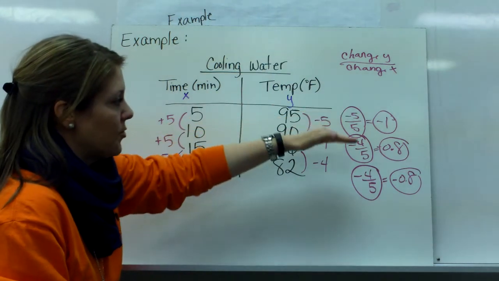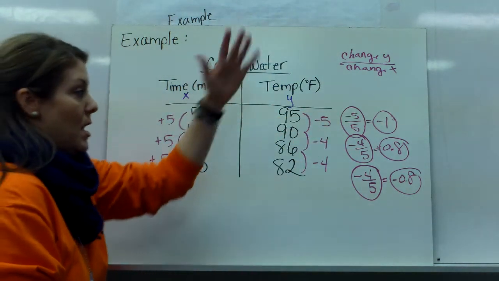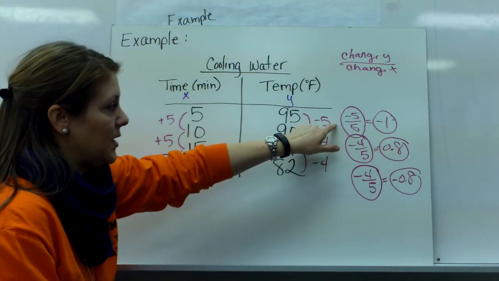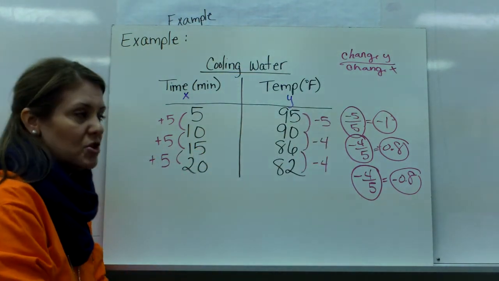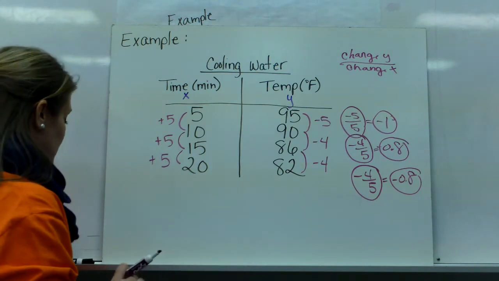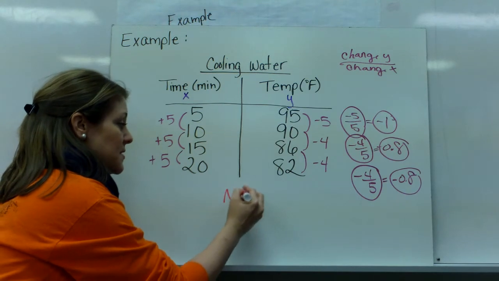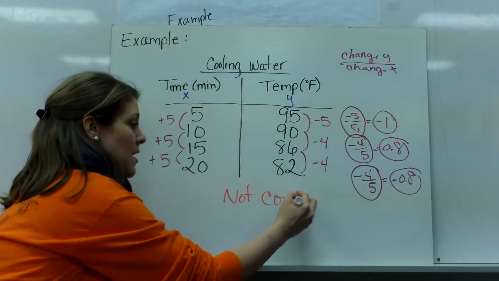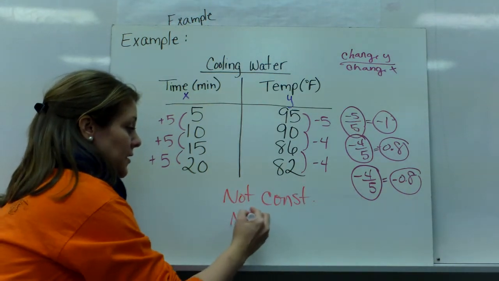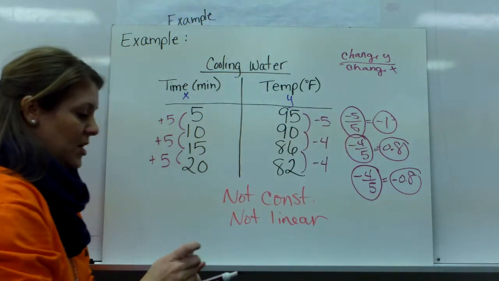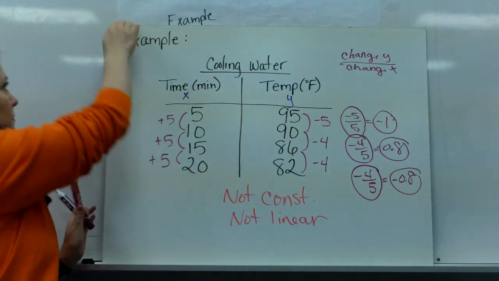You want all three of those ratios, or however many you have from the table, all of them need to be consistent, the same rate of change. In this situation, it's not. So, in this situation, this is not constant. This is not going to be linear, because those rates of change are not the same all the way down.